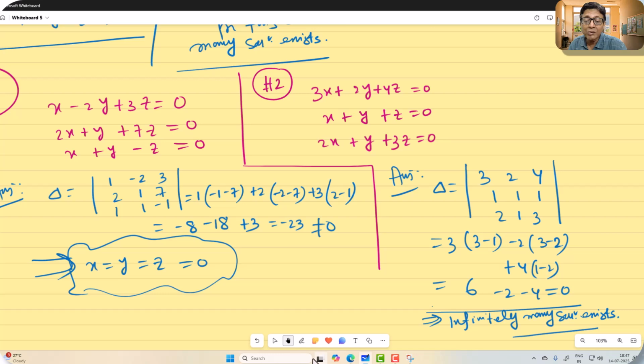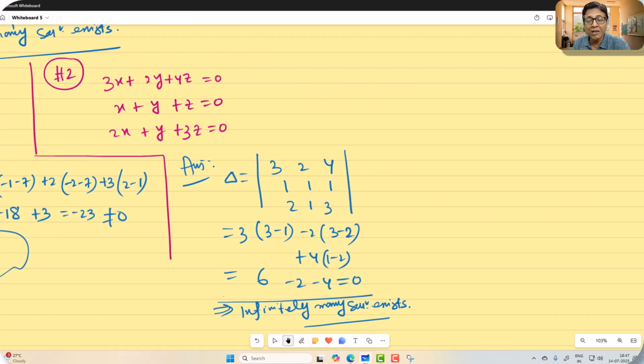Okay, but how to get those solutions which are infinite in number? So let me start in this manner. The solution part I am showing you here by keeping this one in the same frame. So again, for the same method, let z equal k.